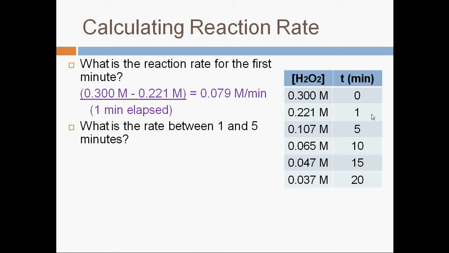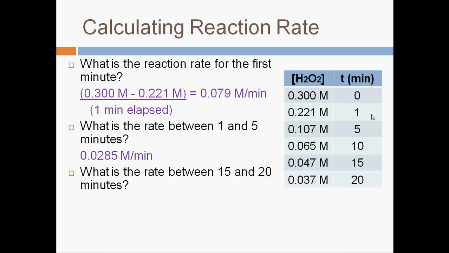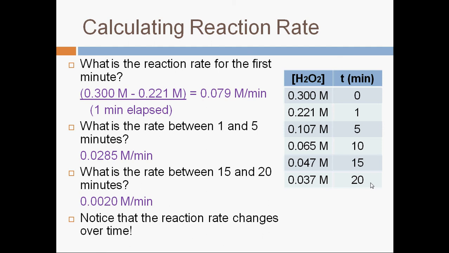So we would divide that through and get 0.0285 molarity per minute. Same idea between 15 and 20 minutes: just subtract the two values, the value at 15 minus the value at 20, divided by the 5 minutes that elapsed between those two data points, and we get 0.0020 molarity per minute.